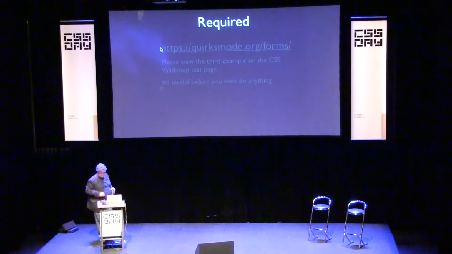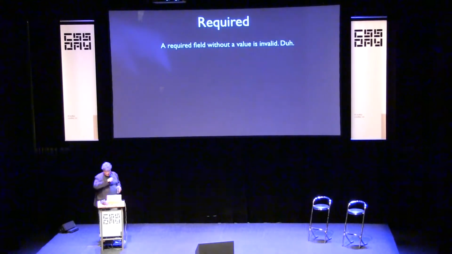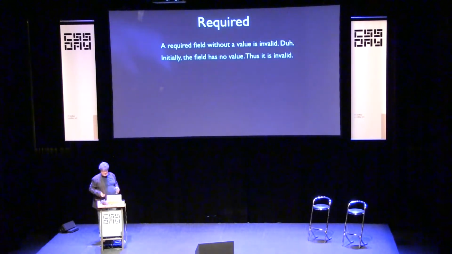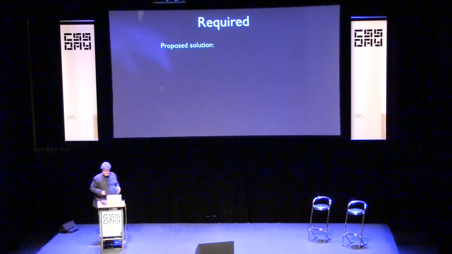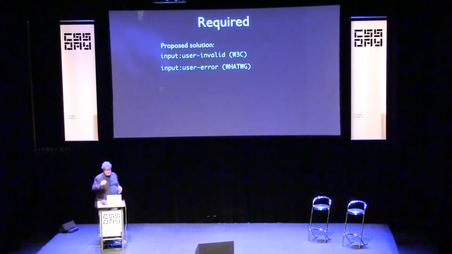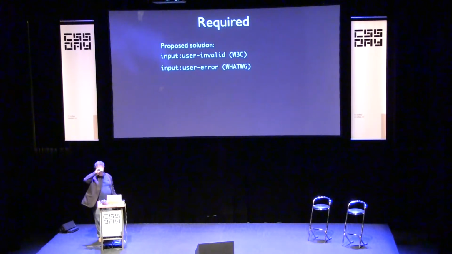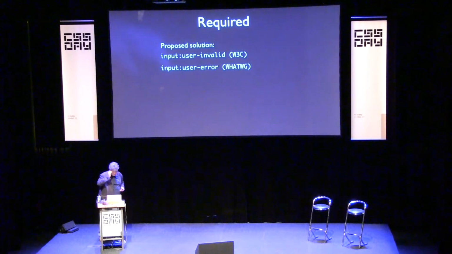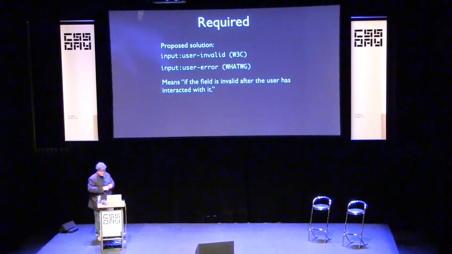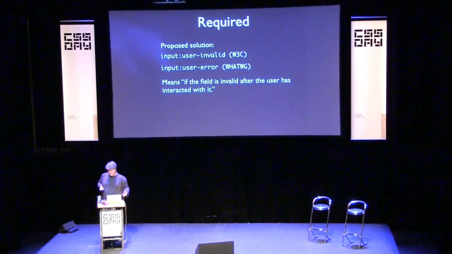However, this is what I just explained. There's a proposed solution in the works, and it's called input user invalid, or input user error, if you follow the WAT working group. As far as I know, it's not yet supported. But it basically means if the field is invalid, even after the user has interacted with it.